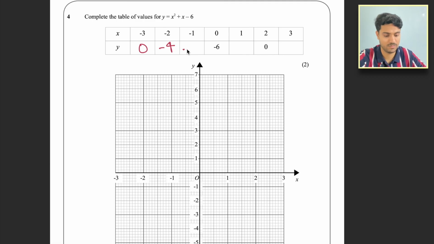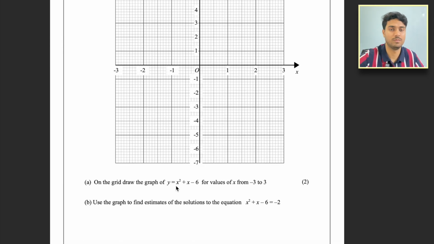At negative 1 it is negative 6. At 0 also it is negative 6. At 1 it is negative 4. Now at 3 it is 6.